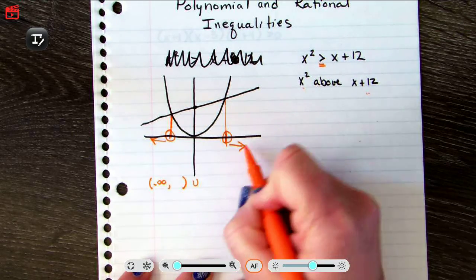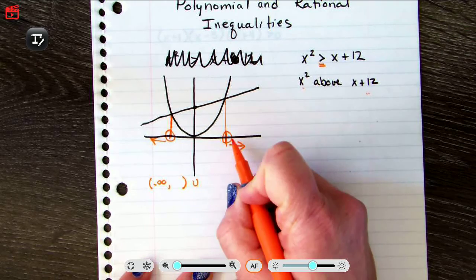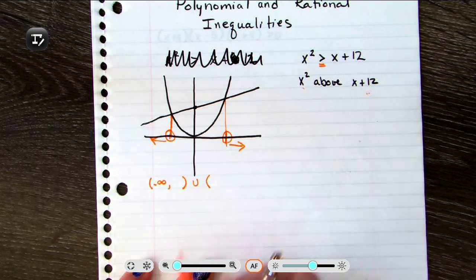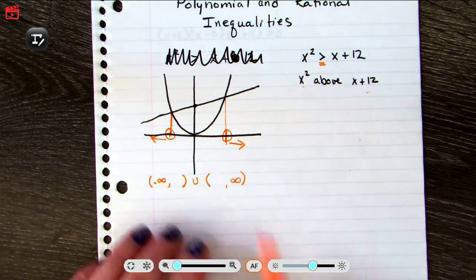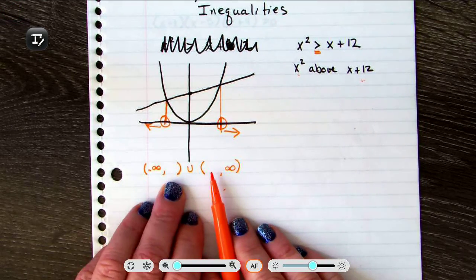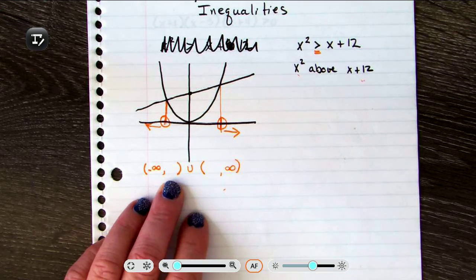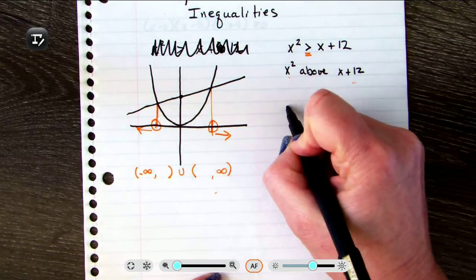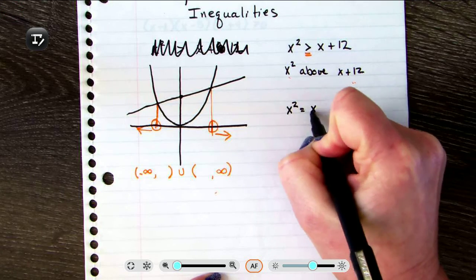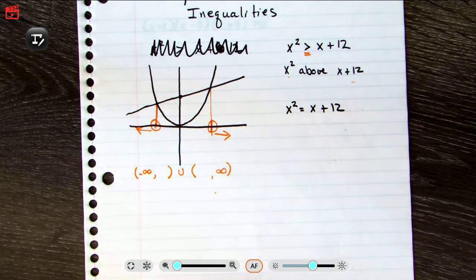And then we want to union that with, from this point, not including it, up to infinity. And now we have to find those two values, and to do that, that's where those two pieces were equal. So we need to solve this equation, find out where those two things are equal.